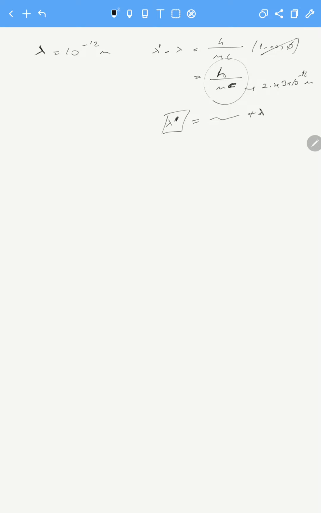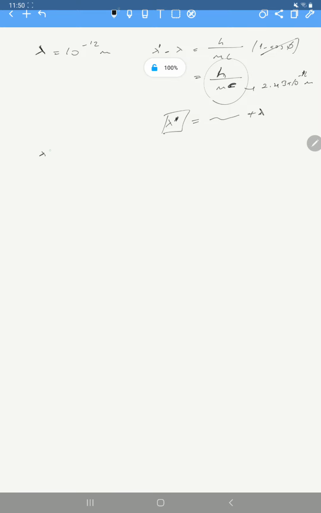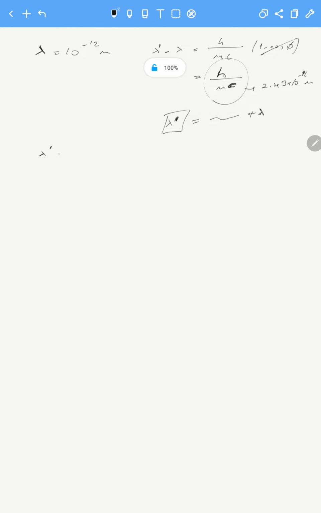I believe you can just calculate this really easily. I've made a mistake calculating this, so I do not want to do that again, because every mistake makes me record these videos again, which I do not want. Of course, this was 1 picometer, again 1 picometer, and then after the scattering, the wavelength expected is this number.